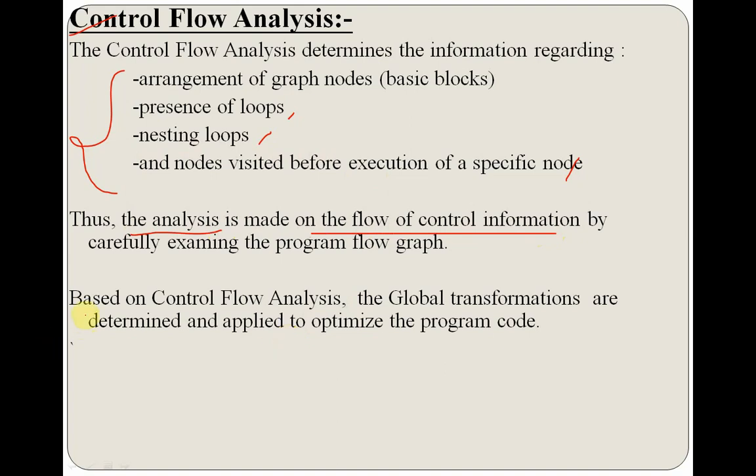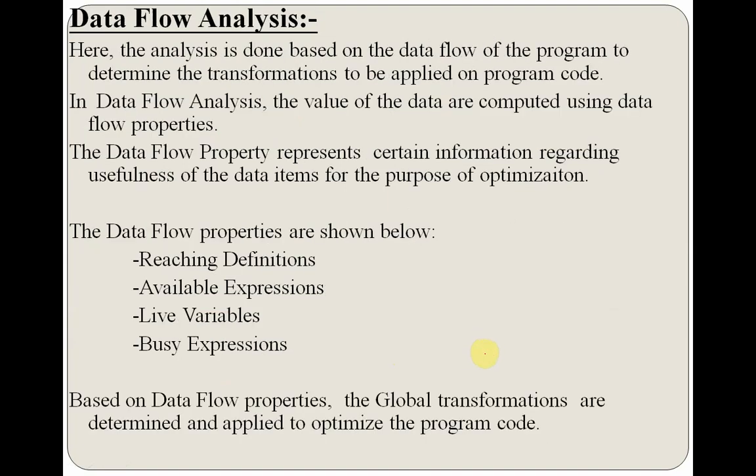That means based on the control flow analysis, the global transformations are determined and applied to optimize the program code. So in control flow analysis, we analyze how the control flows from one block to another block. Accordingly, we can determine what transformations, modifications are to be applied among the blocks and apply them to optimize the program code. This is called control flow analysis.